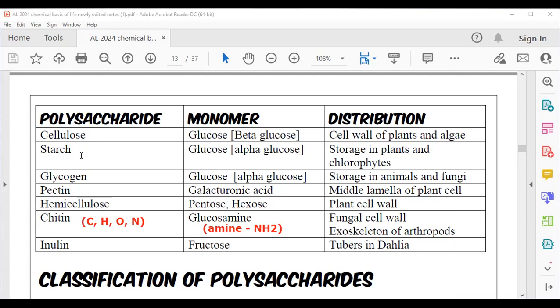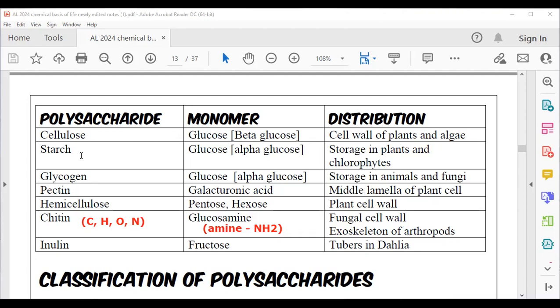Pectin is making the middle lamella. It is a layer sticking to adjacent cell walls. A layer that sticks to adjacent cell walls in the plant is hemicellulose.